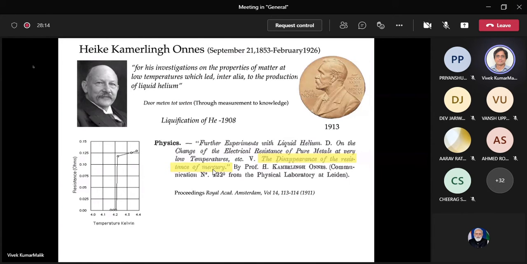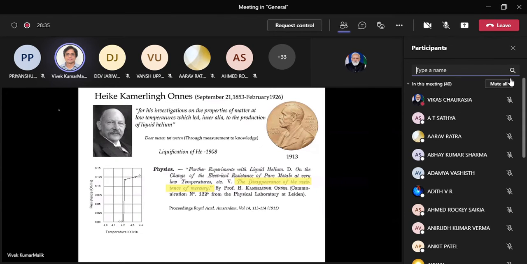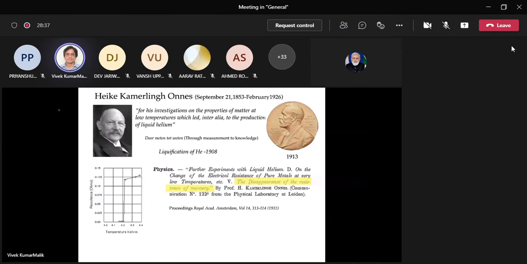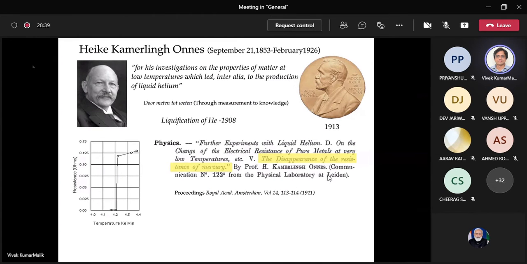It was intentionally done. There were several groups looking for the liquefaction of helium. That was one of the major research problems of that time, because most of the other gases were liquefied, and helium was a very curious case, because helium, as you know, is an inert gas.